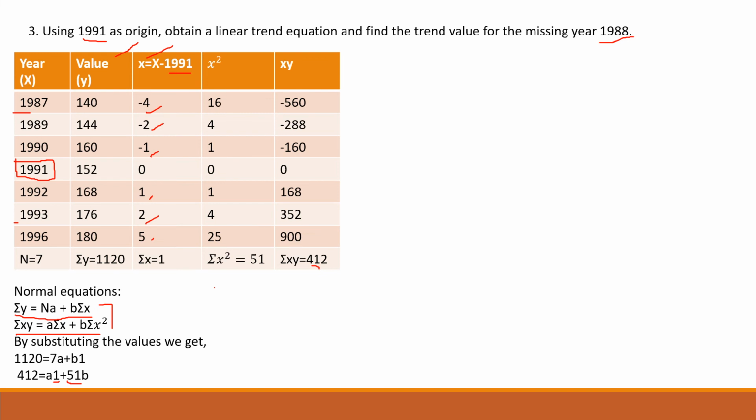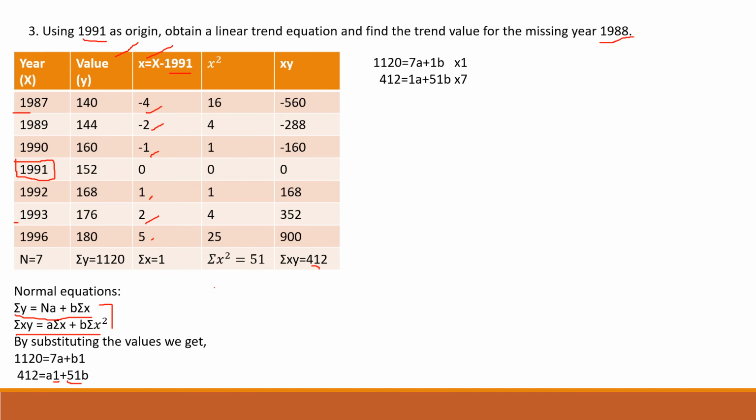Then we have to solve these two equations simultaneously. First we make either the coefficients of b or a equal. So I am making a equal.